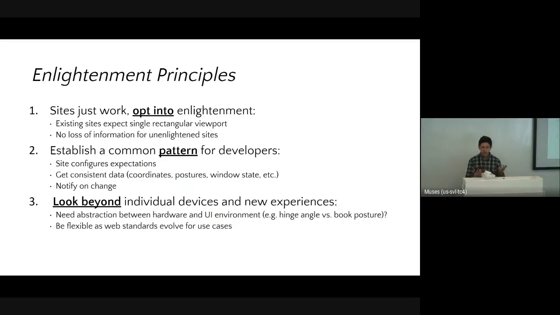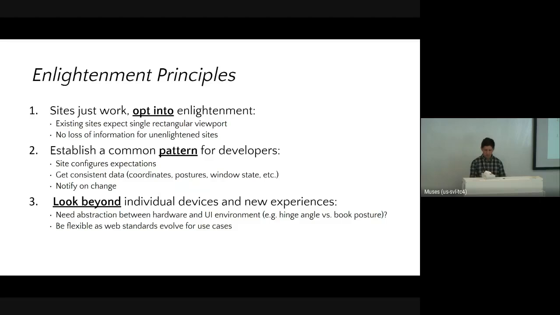So we've come up with a set of principles that we've been working through as we're looking at these. The first one is that existing sites just work, but they can opt into enlightenment. Some of the fundamental assumptions there are that sites expect a single rectangular viewport. We're not really trying to invent anything new in terms of multiple user agent defined regions.